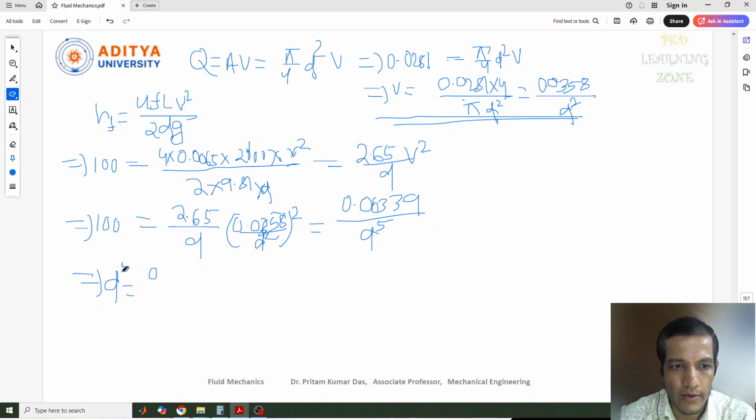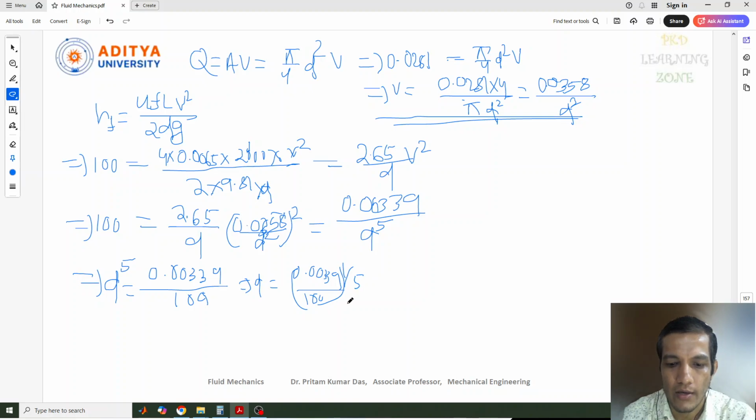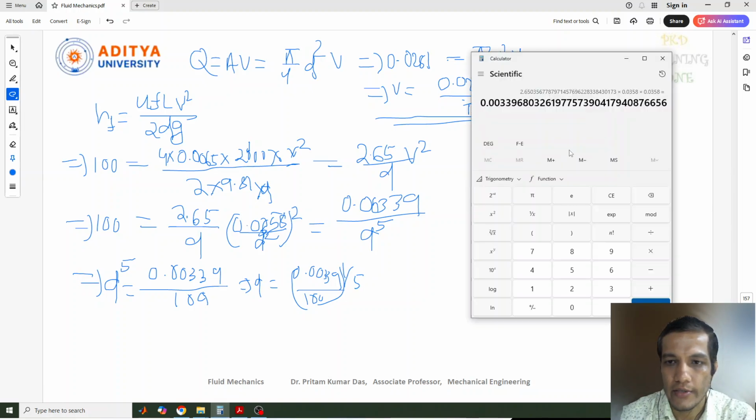Now what I'll do here, D to the power 5 equal to 0.00339 divided by 100. I need to find out the value of D, so I can write this as 100 to the power 1 by 5. Okay, so let's find out how much we are getting.